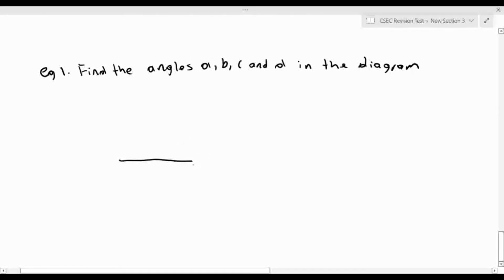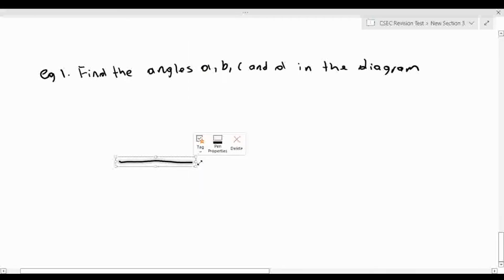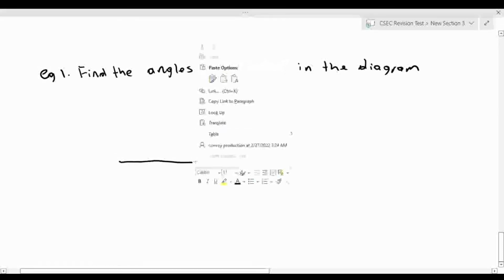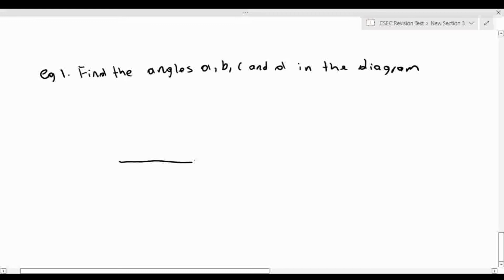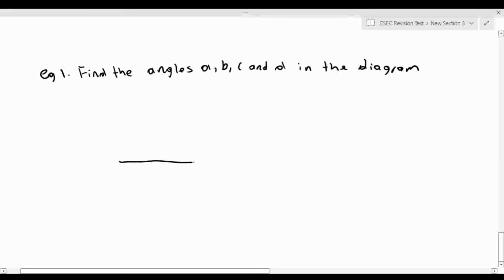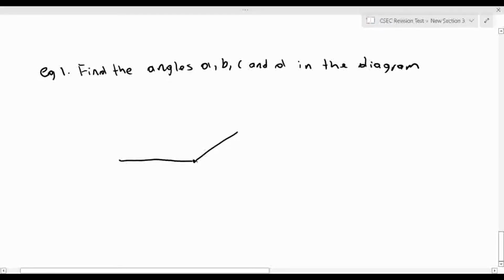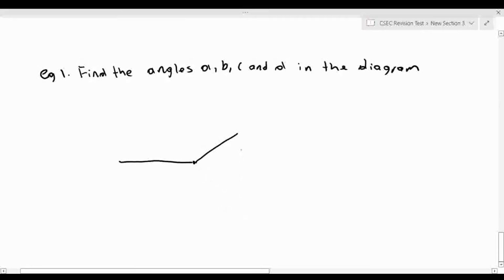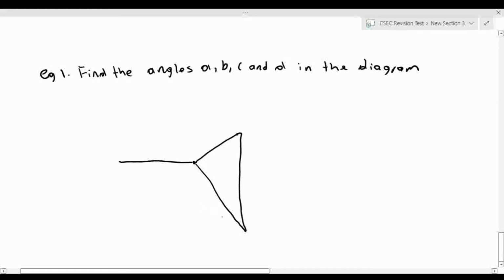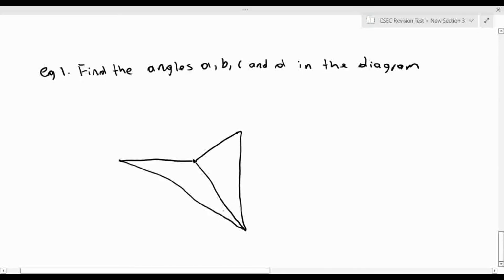Our diagram: I have our point, I have this triangle, and I have this triangle. On this side 30 degrees, this side 40.